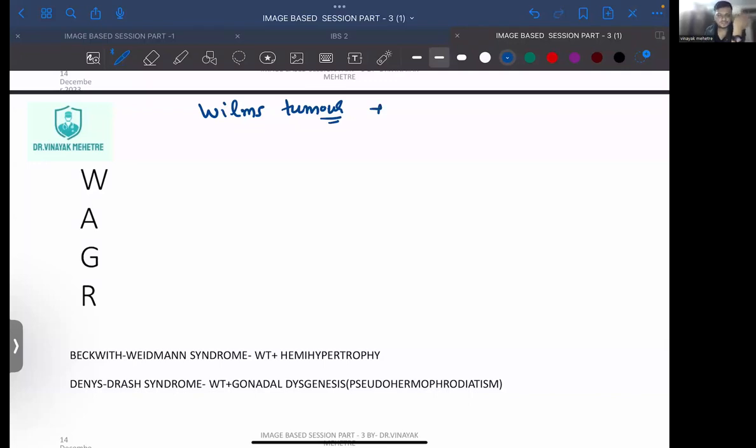Remember it like this. Wilms cancer. How many alphabets are there? It is 11. Okay, so chromosome number 11, right? Chromosome number 11. Alphabets are 11, so the answer will be 11.